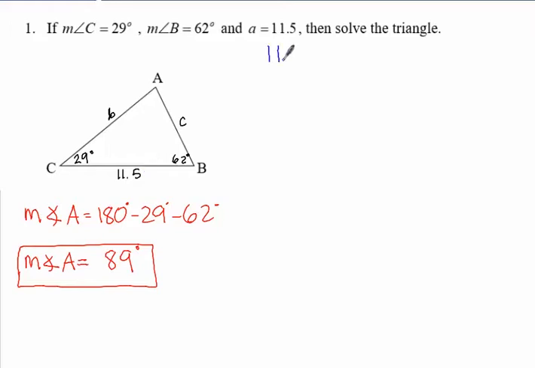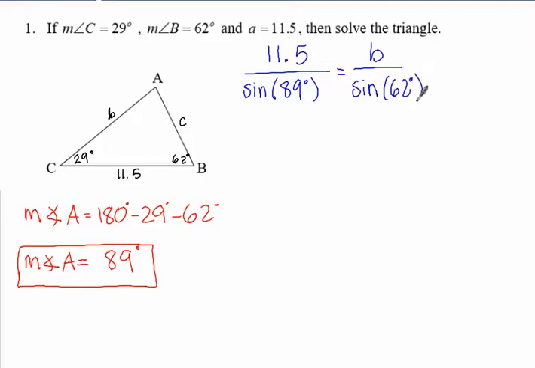So I have 11.5, which is the side length, over the sine of 89 degrees is equal to side b over sine of angle B, which is 62 degrees. And we just need to solve this for b.